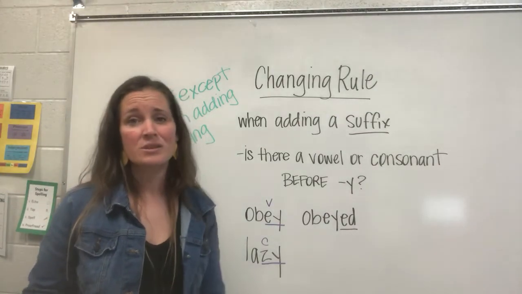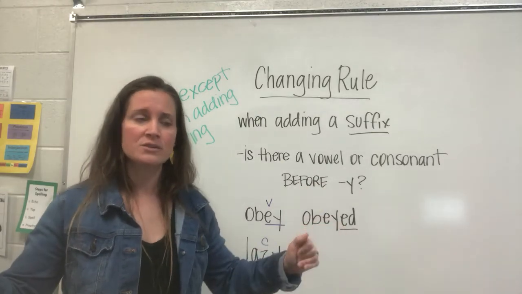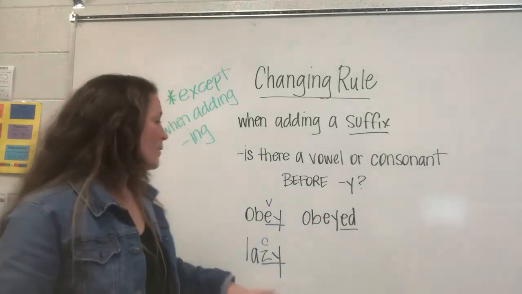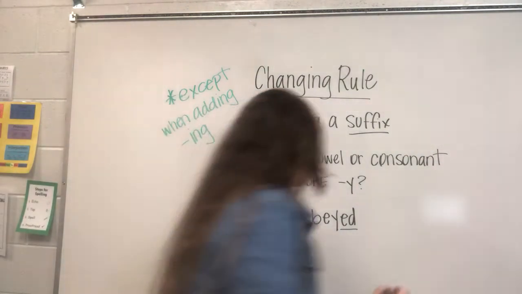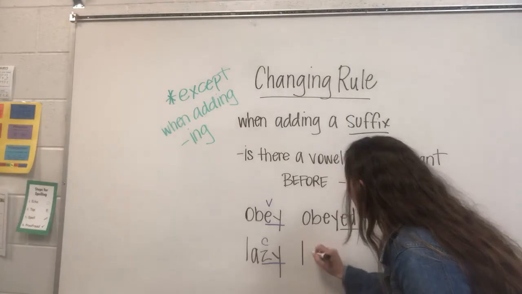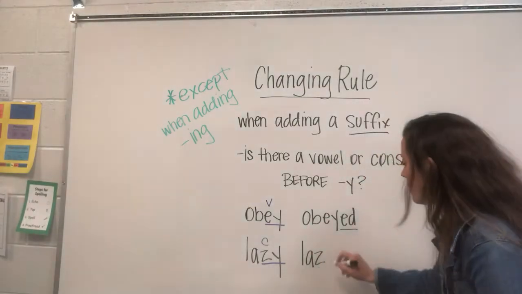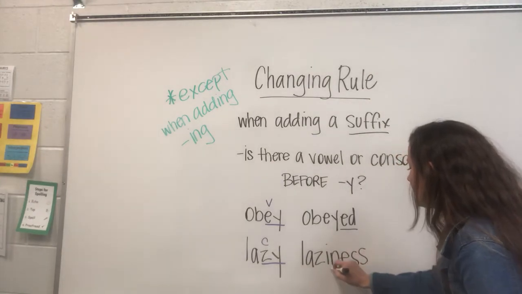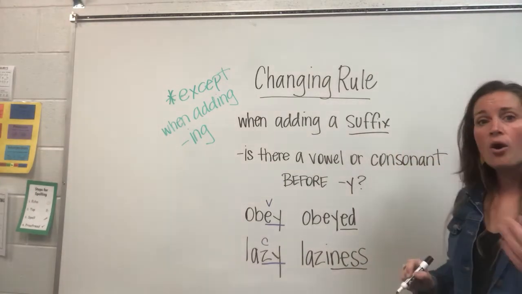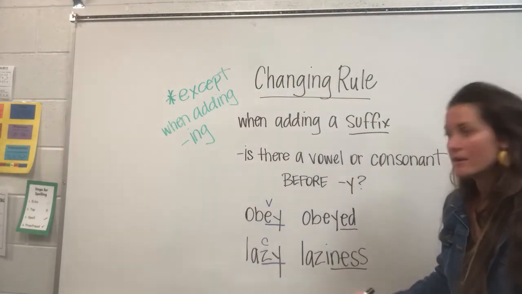They didn't. They actually worked really hard. We built a standing garden and all kinds of other stuff and planted a garden. But if I were to say that they showed laziness, I'm going to write it and say, I need to change that Y to an I before I add an ESS. I also need to change it before I add a vowel suffix.